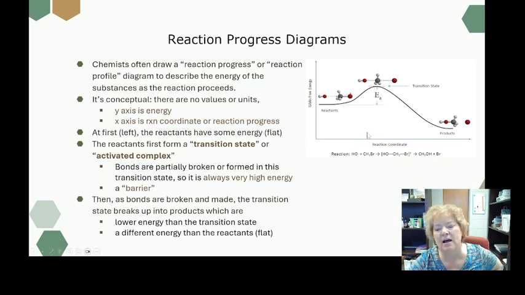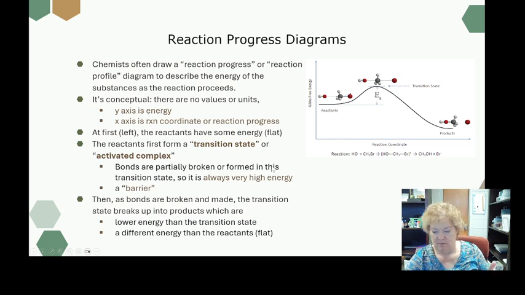So now I can refer to something called the activation energy. The activation energy is the energy between the reactants and the transition state energy. So we'll see that in the next one.